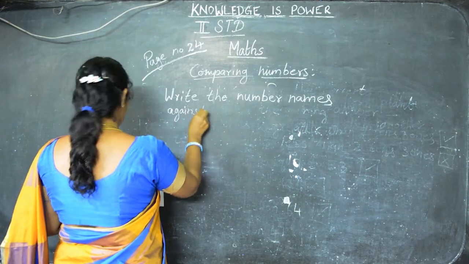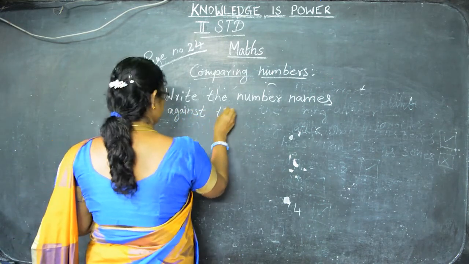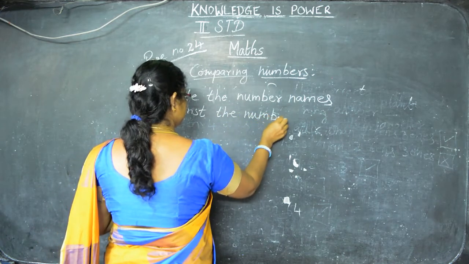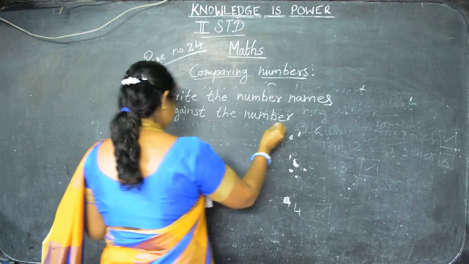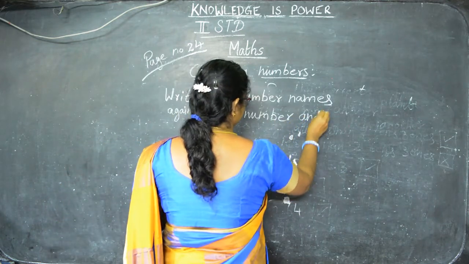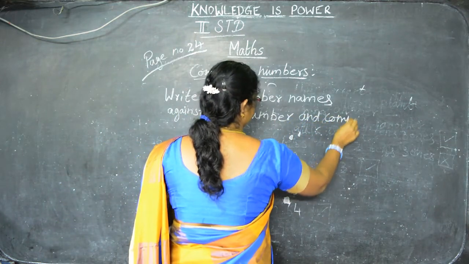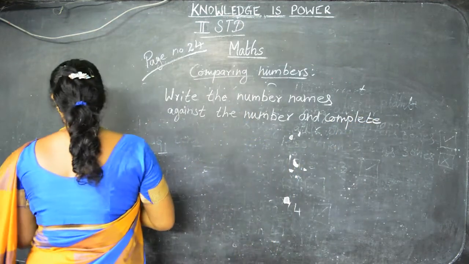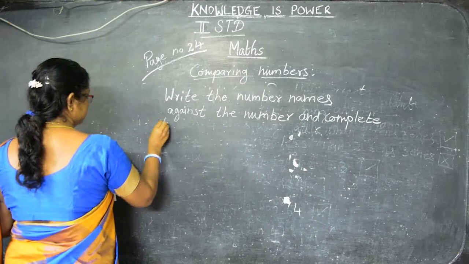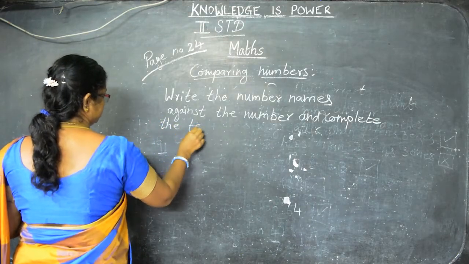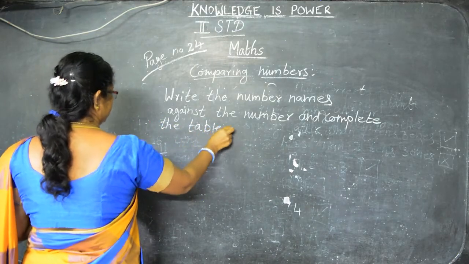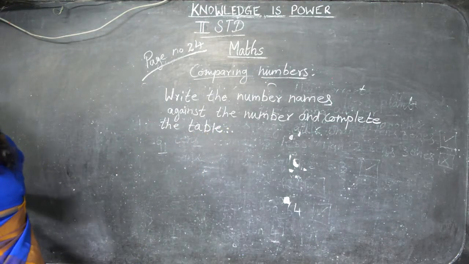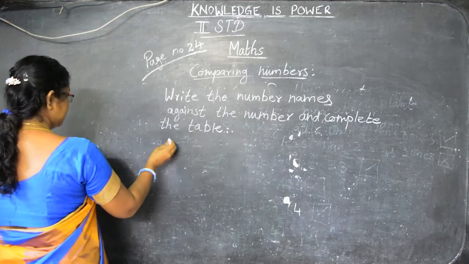Here the table is given there in the book. And complete the table. All of you take your book and complete it. Already you know. Here the number is given.